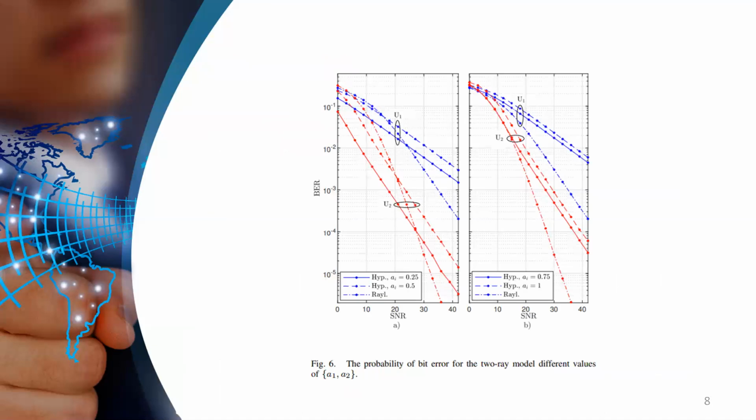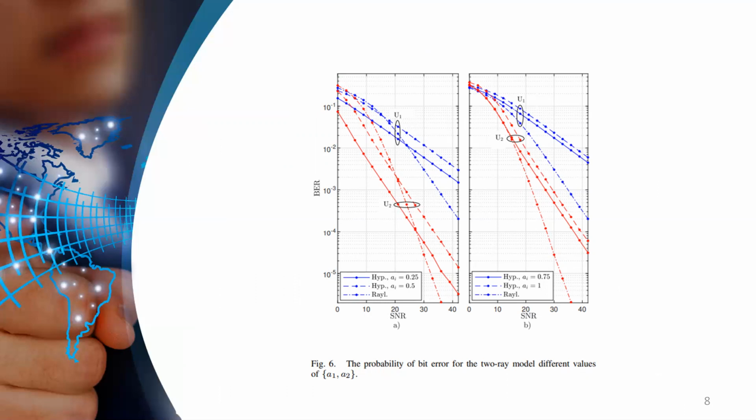This figure shows the bit error rate of two users for different values of mixing coefficient A, and it also compares the performance of the Hyper-Rayleigh channel with the standard Rayleigh channel.